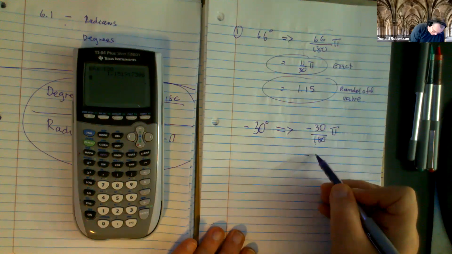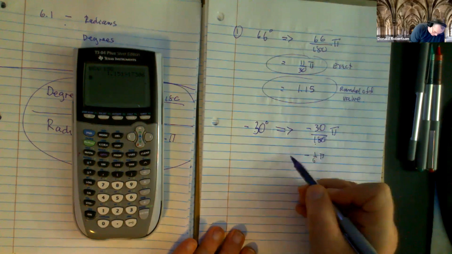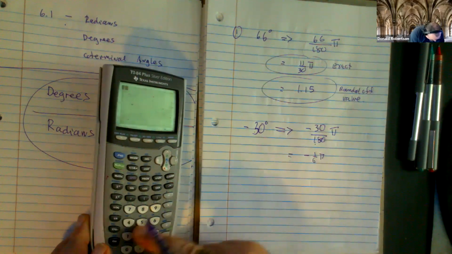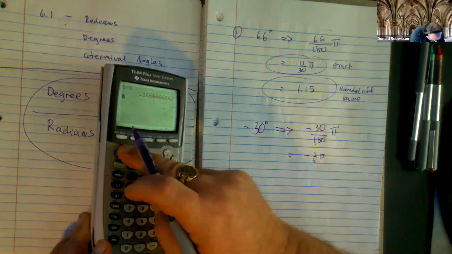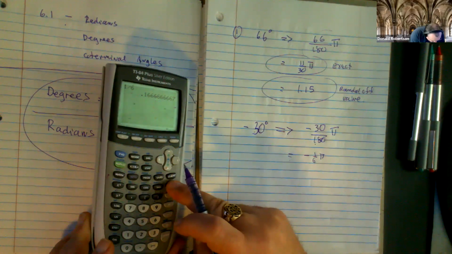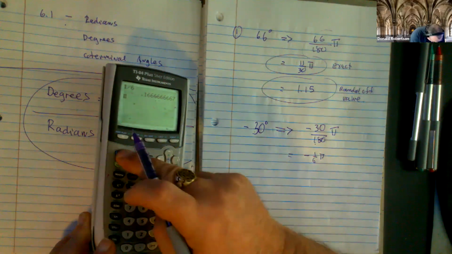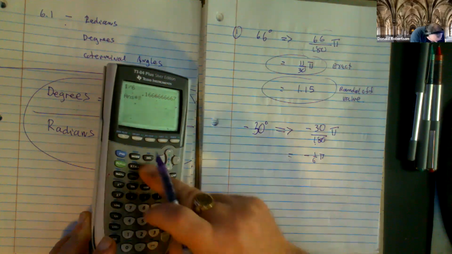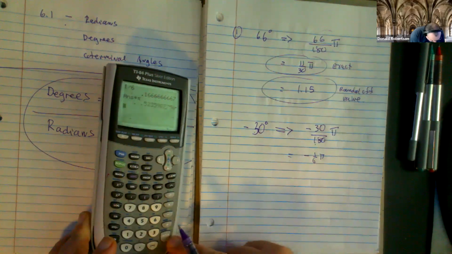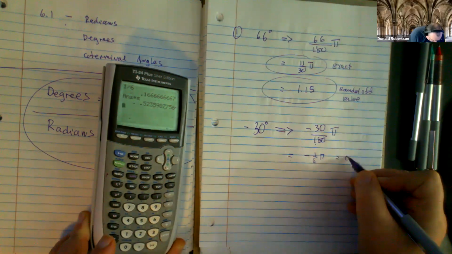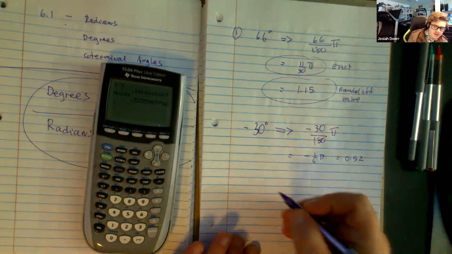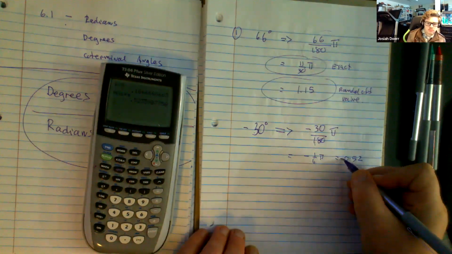And that ends up being 1/6 pi, or as a decimal, 0.52. It would be negative though, right? Oh God, yes. Well caught.